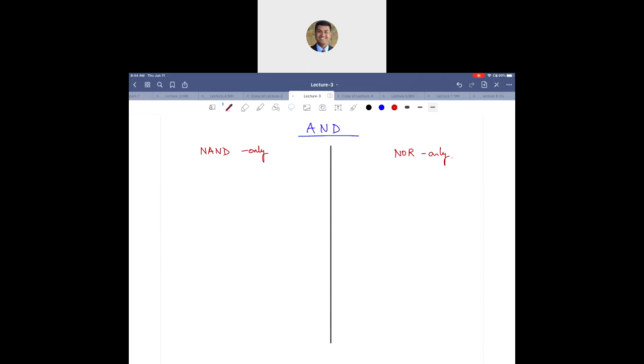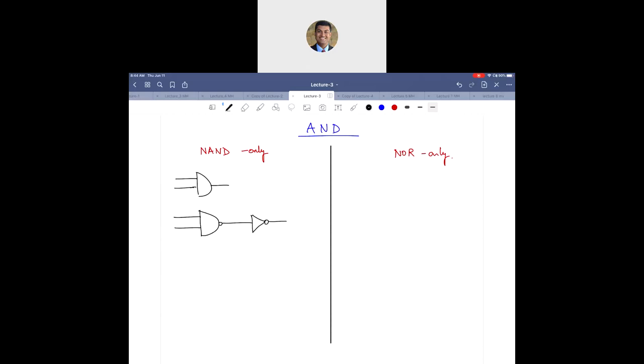So let me start with NAND because it's quite easy. I start with the AND symbol. That's what I have. Now, if I want to convert that to NAND, what do I need to do? Well, I need to add a bubble at the output. But can I add only one bubble? Probably not. I have to add two bubbles. So the second bubble I will add is essentially a NOT gate.